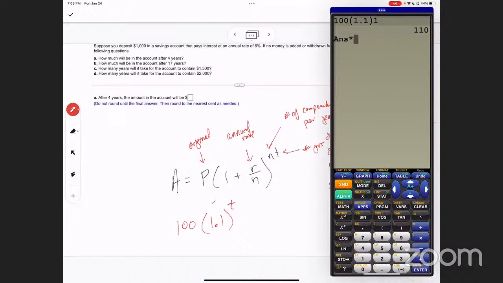Now I'm going to multiply that by 1.1 again. There's my 121. Now I'm going to multiply that by 1.1 again. There's my 133. So it continues to add on to the previous amount? Right. So what you've got is 100 times 1.1 raised to the third. That's your 133.1.